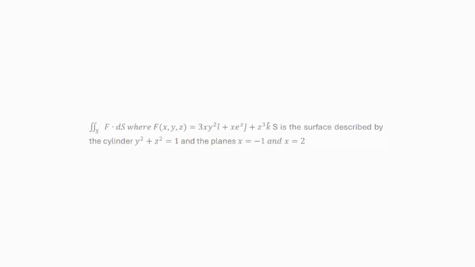The second day. And God said, "Let the surface integral of F dot dS, where F of x, y, z equals 3xy² i hat plus x e^z j hat plus z³ k hat, S be the surface described by the cylinder y² plus z² equals 1, and the planes x equals -1 and x equals 2."